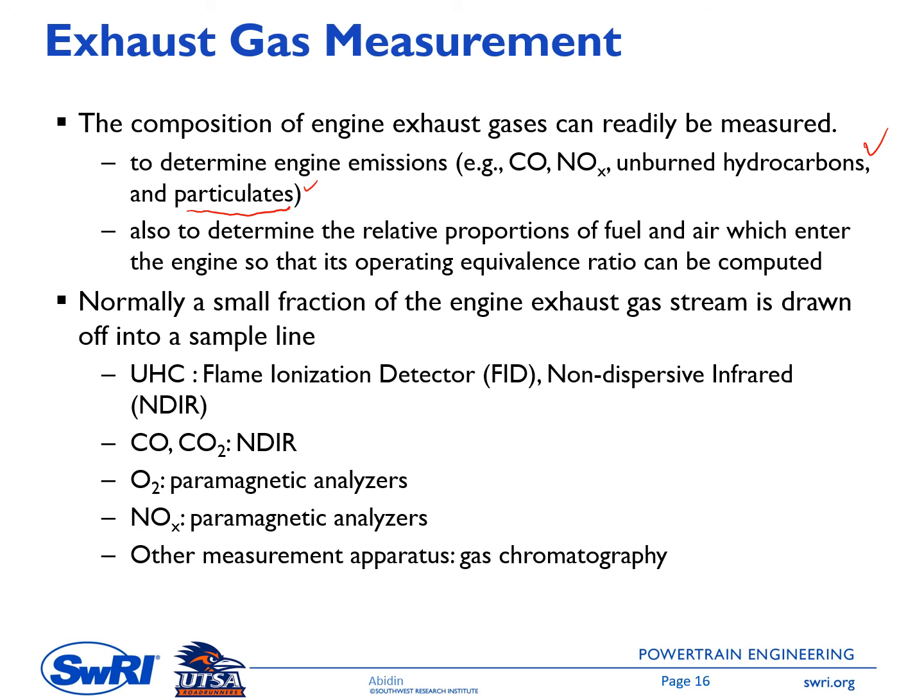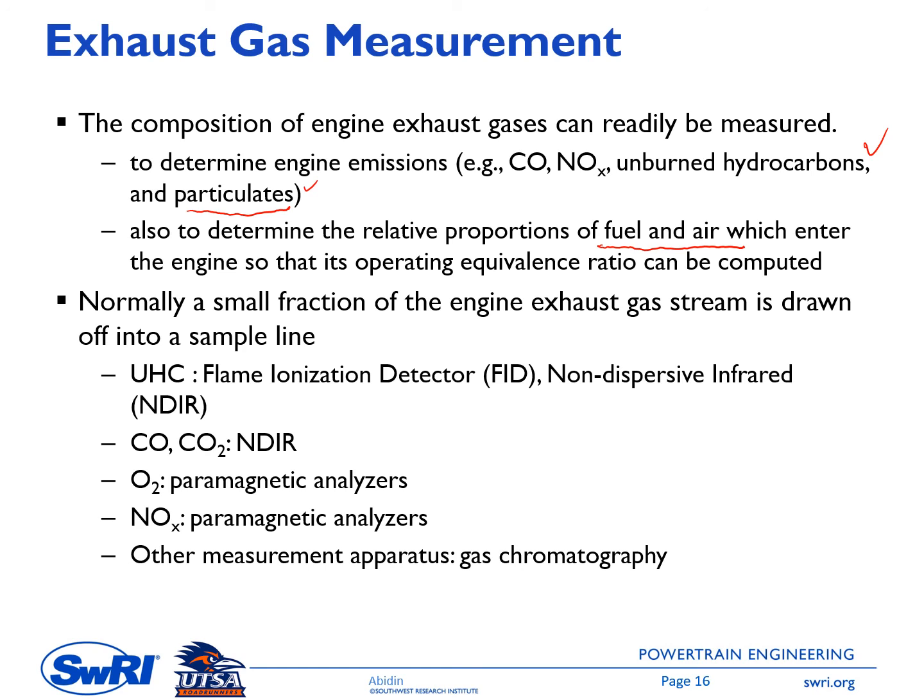The exhaust gas measurement is also used to determine the relative proportion of fuel and air which enter the engine, so that its operating equivalence ratio can be computed. We know that we can get the equivalence ratio from the measurement of the airflow and fuel flow, but in almost all of the engine test cells we have, we use the exhaust gas measurement to calculate the equivalence ratio.